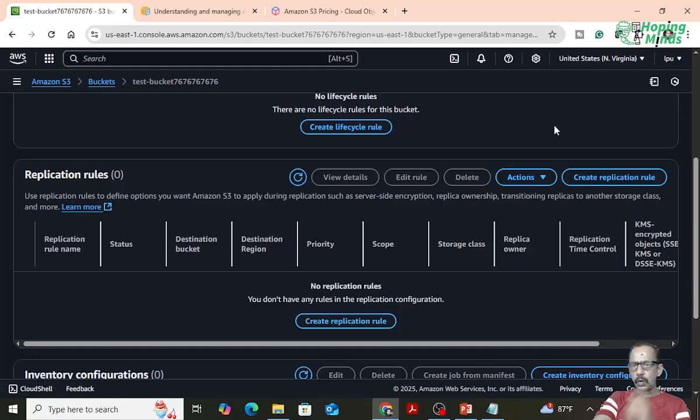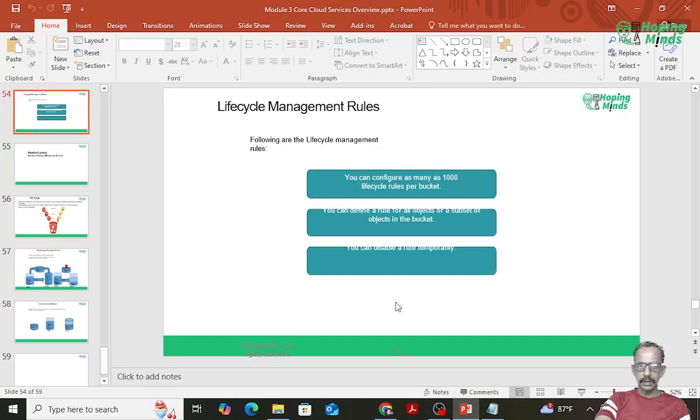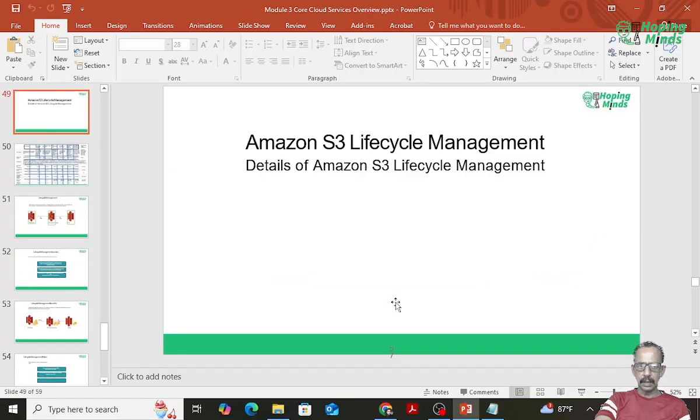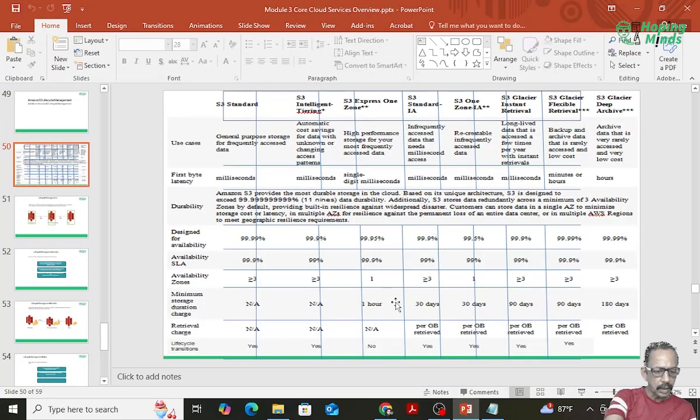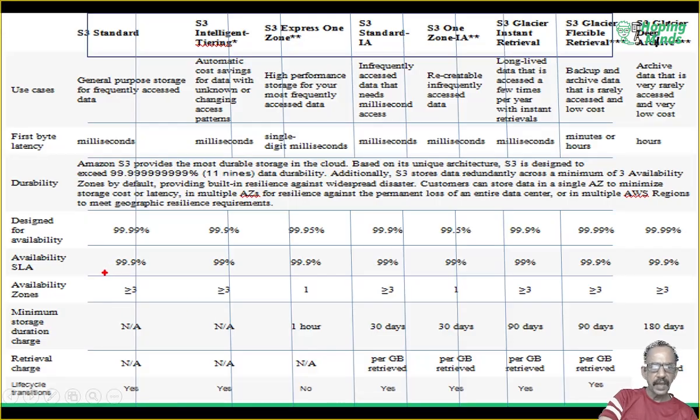Otherwise, by default, whenever you upload any data in the bucket, Amazon keeps three copies in three different availability zones. I have shown you here, like in the versioning, where was that file? Look here. So by default, it keeps the data in three availability zones. So if any problem comes in one zone, your data will be available in another zone.